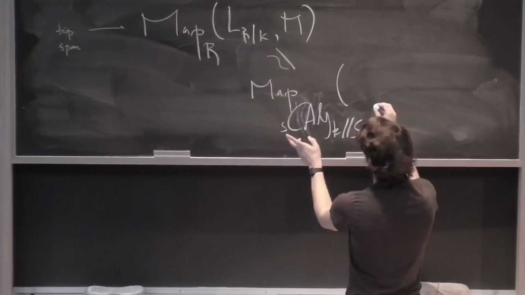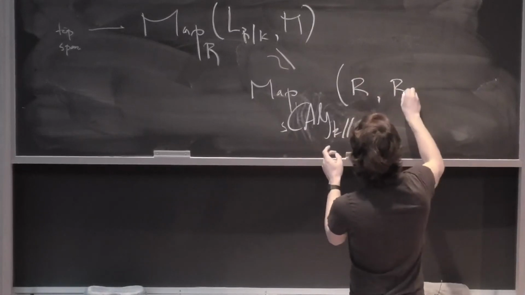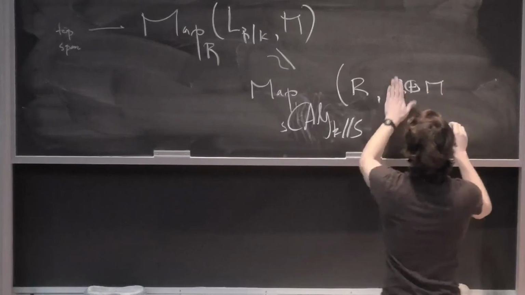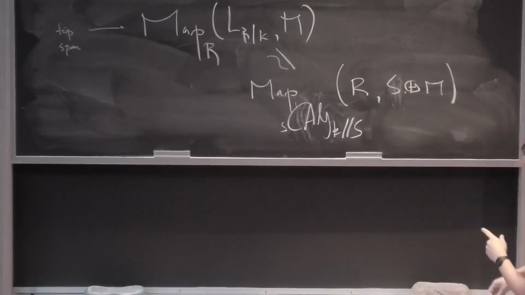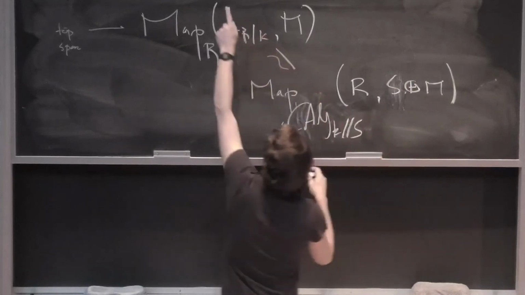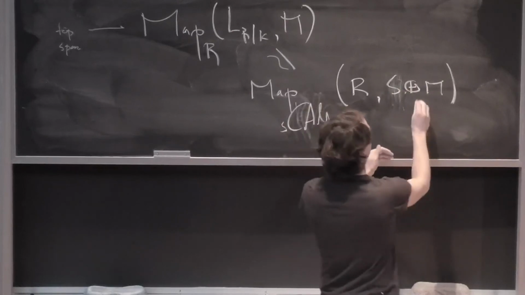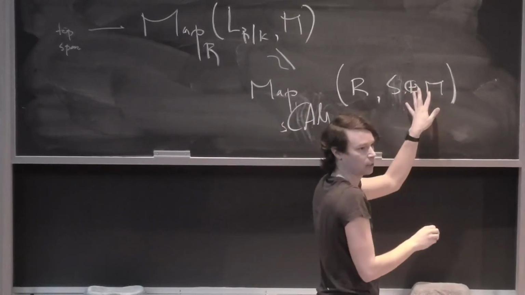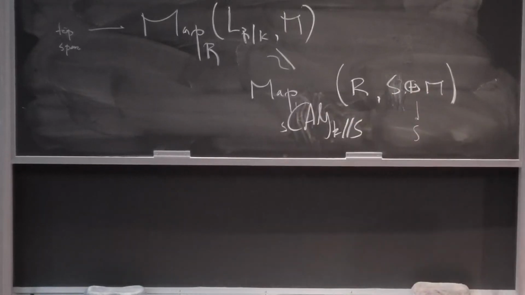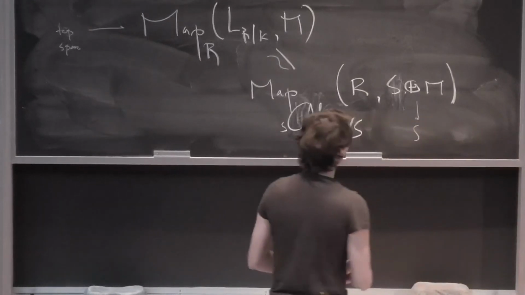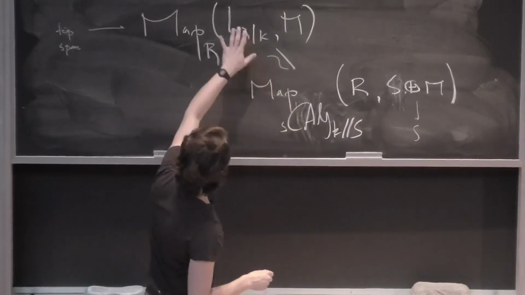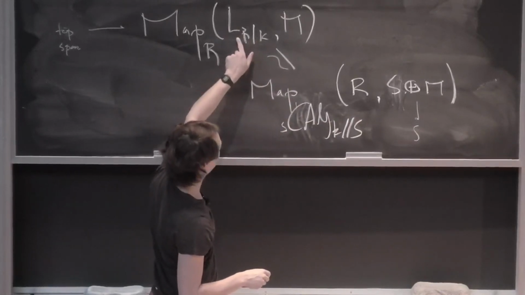And in here, I have the following objects. I have R, and I have S plus M. And these are both objects in this category. R because it has this fixed map to S, and S plus M because I can just map down to S. So this is the square zero extension. And the point of simplicial commutative rings, one of them is that this square zero extension still makes sense even if M is a chain complex. It's still possible to make that into a simplicial commutative ring, okay? And when you do that, this is exactly the universal property that the cotangent complex has.